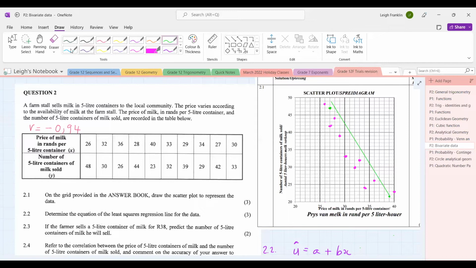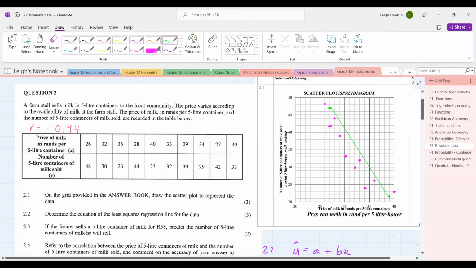No, okay, not helping. All right, I'll try and do it again then. Try and do it perfectly this time. There we go. Okay, that's about the best that I can do online for now.